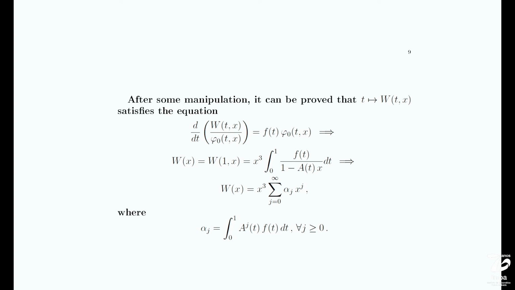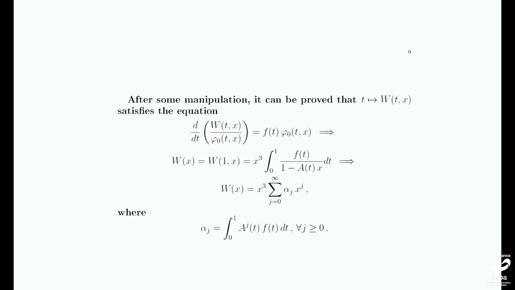So if you can guarantee that the alphas in the series, alpha 0, alpha 1, and so on until alpha k, equal 0, then W is x to the power k.